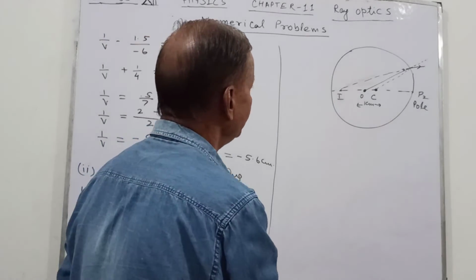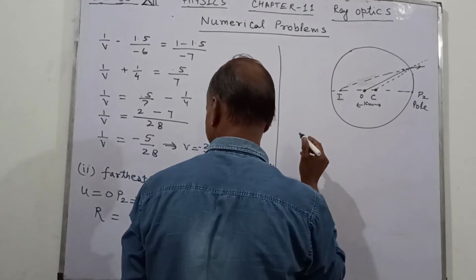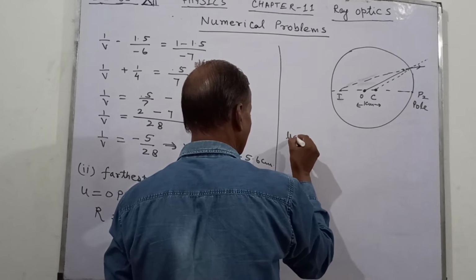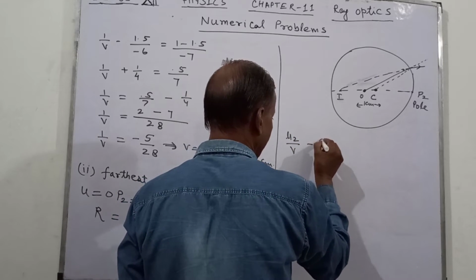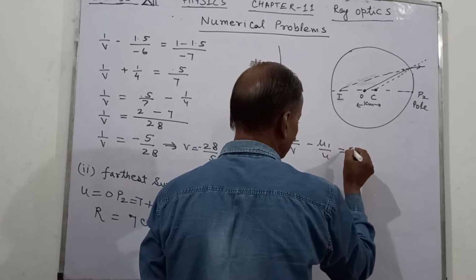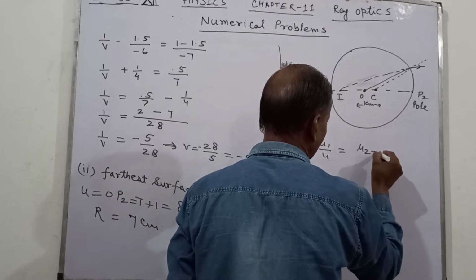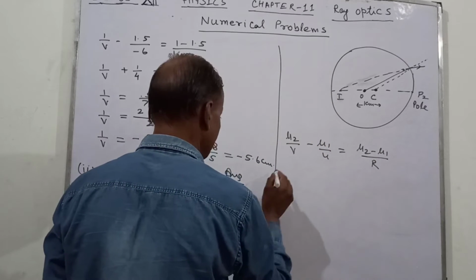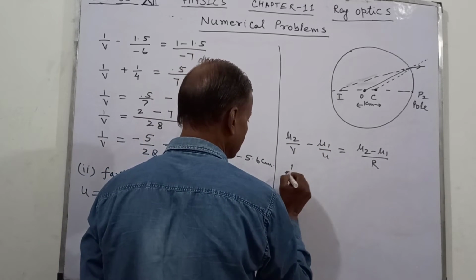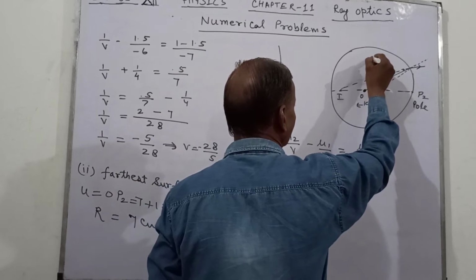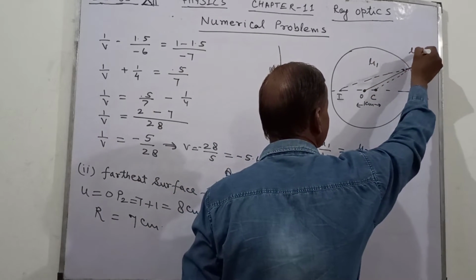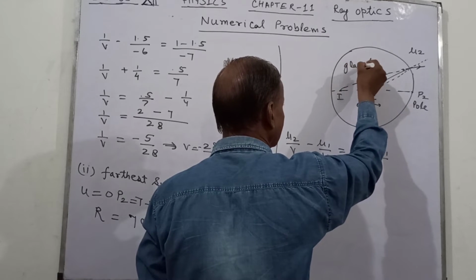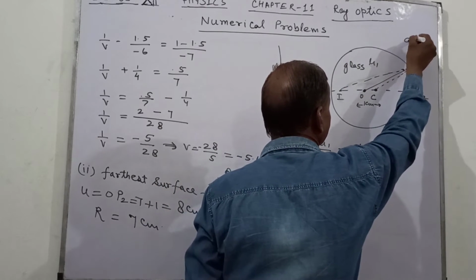So now here we again use this formula: mu2 upon v minus mu1 upon u equal to mu2 minus mu1 upon r. Now here this mu2, this is now your 1, here this is now your mu1, and this is mu2. This is glass, this is air.